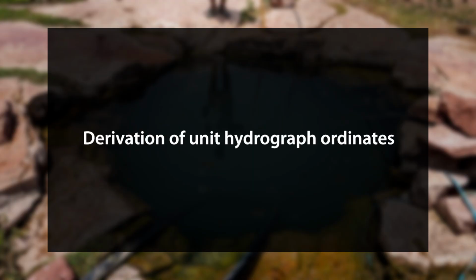Third is the derivation of the unit hydrograph ordinates. The discharge ordinates of the direct runoff hydrograph are divided by the depth of the runoff, which is obtained by dividing the runoff volume by the area of the catchment. So the resulting discharge values plotted against time represent the unit hydrograph for the selected duration.